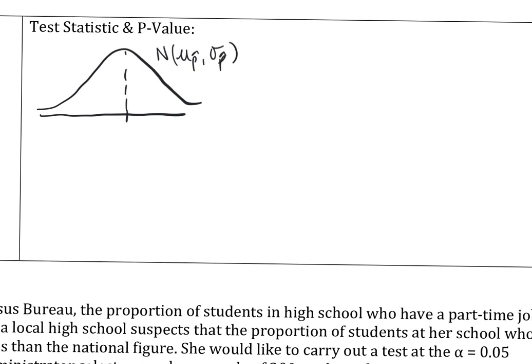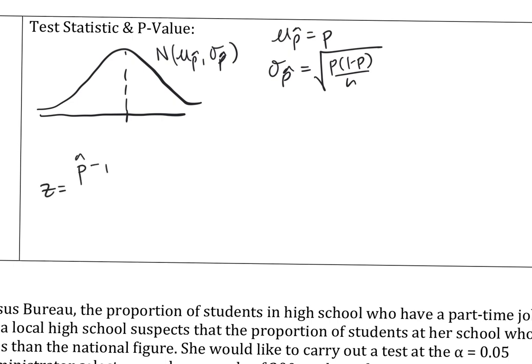Remember, mu sub p hat is equal to the parameter, and sigma sub p hat is equal to the square root of p times 1 minus p over n. If you want to find a z-score, you can do that by taking p hat minus p over the square root of p times 1 minus p over n, and you use normal CDF to find that p-value.